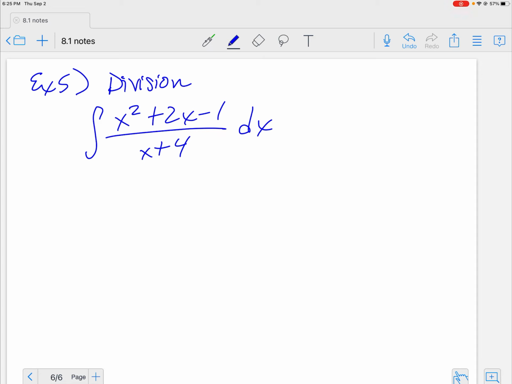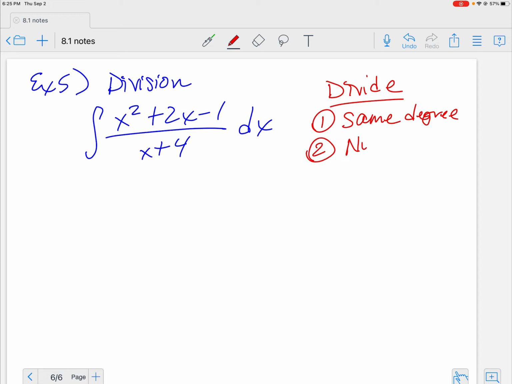Make sure that you can get this divided correctly. I know I'm going to divide because my denominator has a smaller degree than the numerator. So let's write this out. You divide when, number one, it's the same degree. Then you divide. That's what we had done previously.